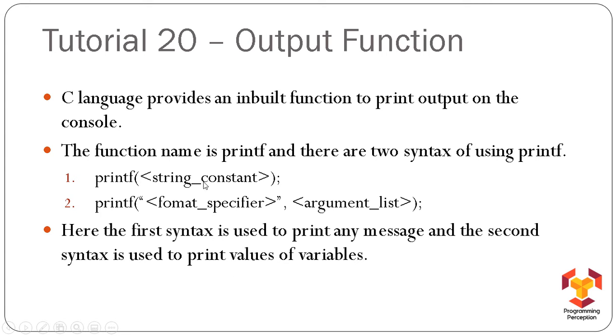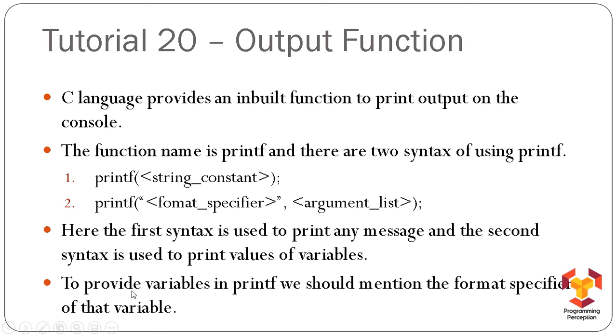If you are going to print only messages, the first syntax is capable of doing so. But if you want to print values of variables along with messages, then definitely you have to use the second syntax. To provide variables in printf, we should mention the format specifier of that variable. Now, the format specifier of a variable depends on the data type of the variable.